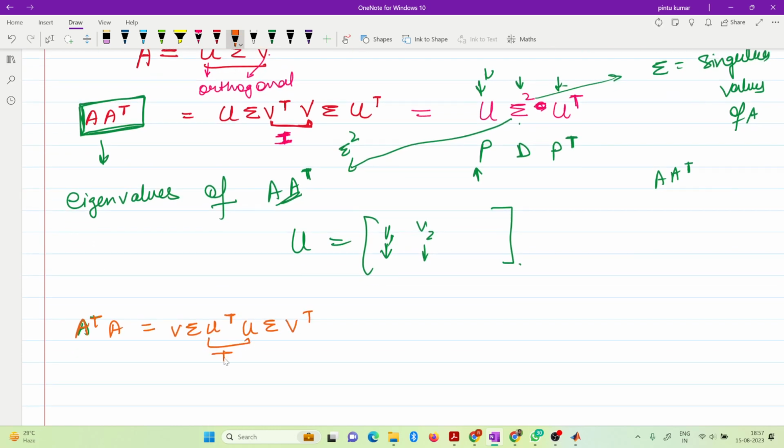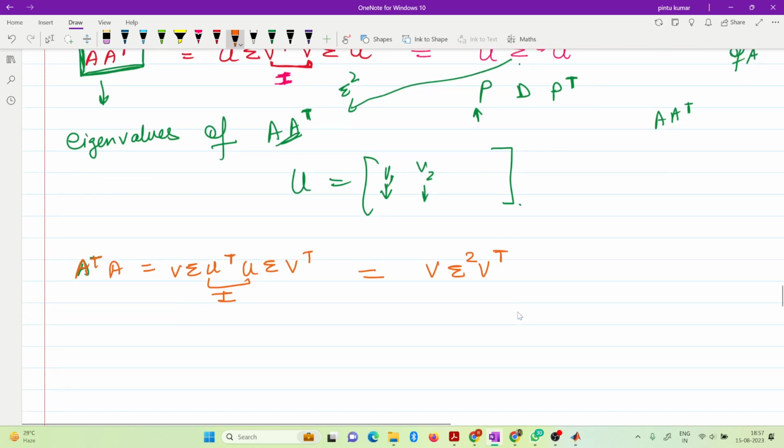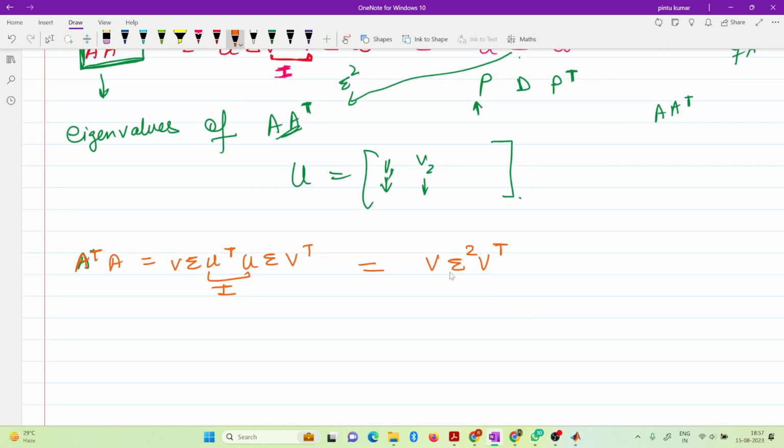This turns out to be identity. What are we left with? V sigma square V transpose. Again we can infer the same thing: my sigma is the singular values and my matrix V is nothing but the eigenvectors of my matrix A transpose A.